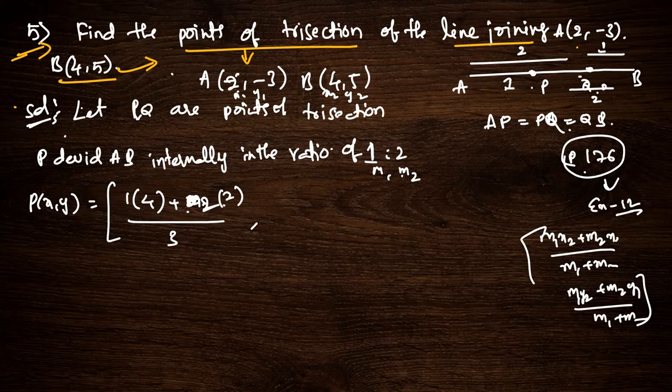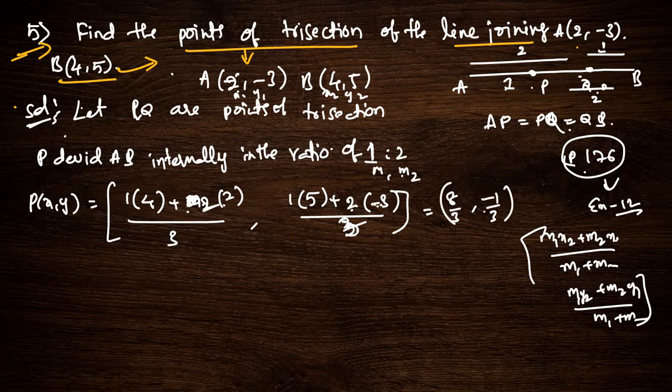Again M1 which is 1 into y2 which is 5, plus M2 which is 2 into y1 which is minus 3, divided by 3. The answer will come: 1 into 4 plus 2 into 2, that is 8 by 3. Now 5 plus 2 into minus 3 gives minus 1 by 3.